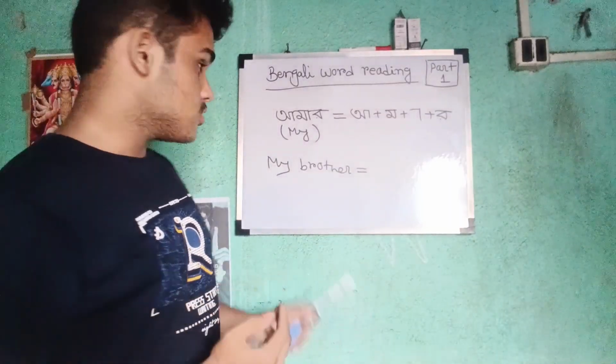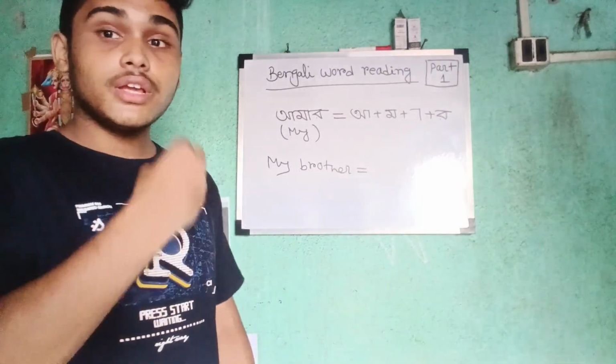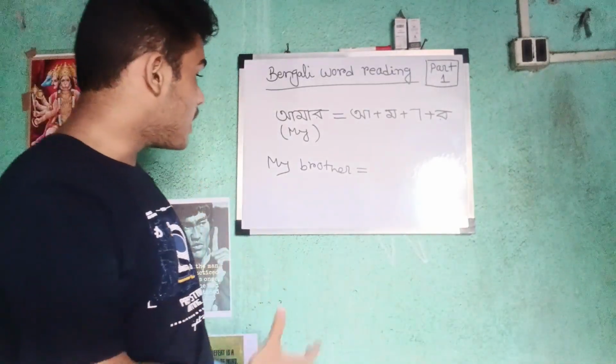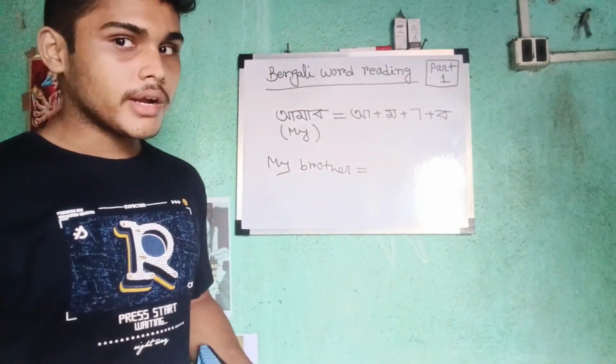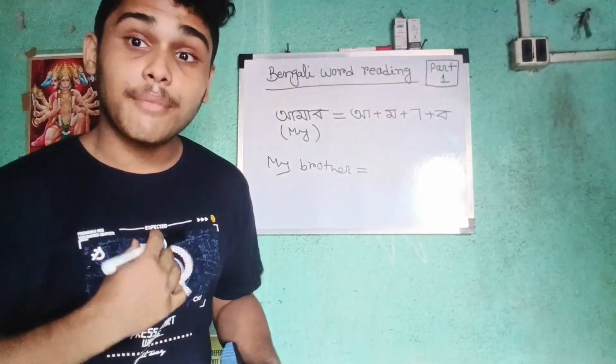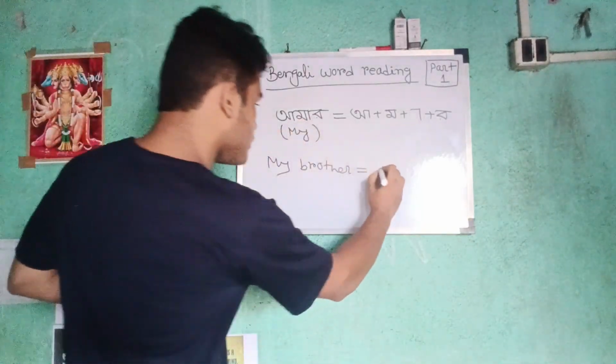So how can we write my brother? My means Amar. Brother means bhai. Amar bhai.